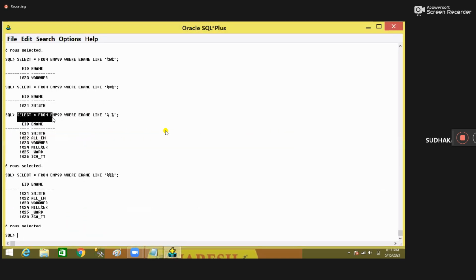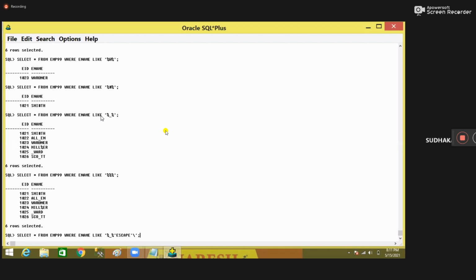As usual, I'm taking the names having percentile, those people I want. So like percentile underscore, suppose you give percentile close, and now you're passing escape slash.